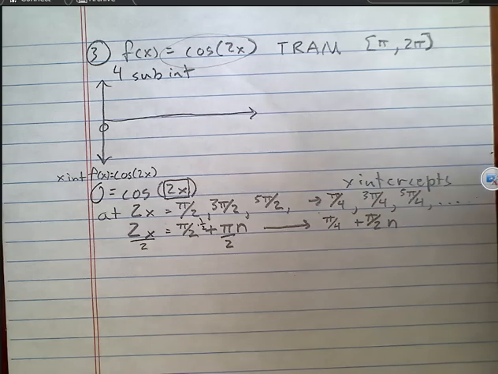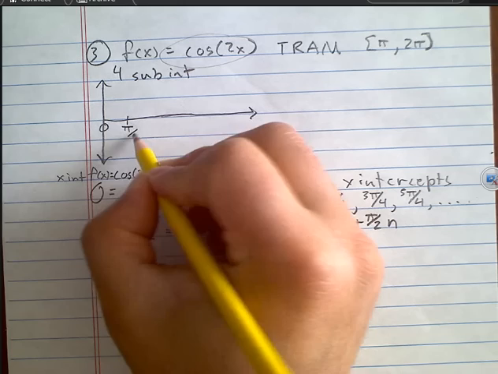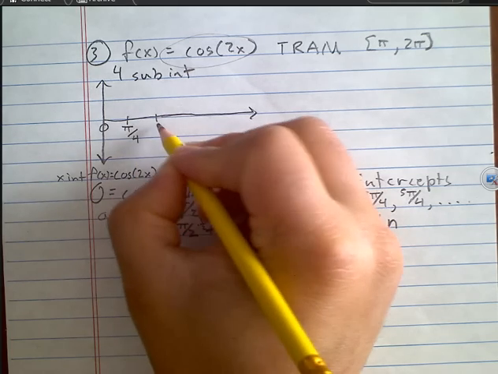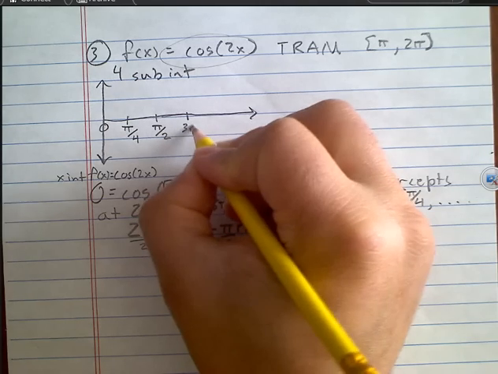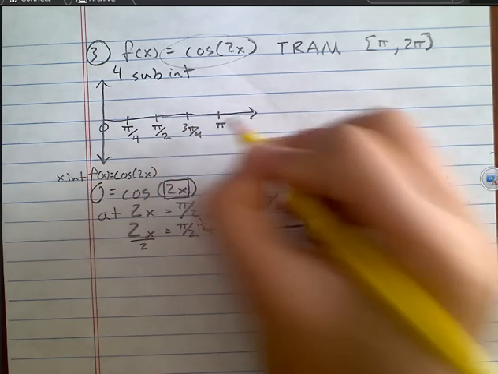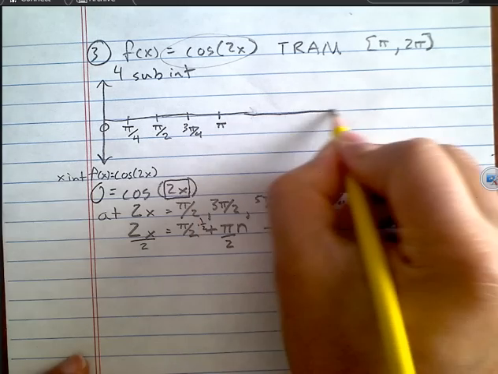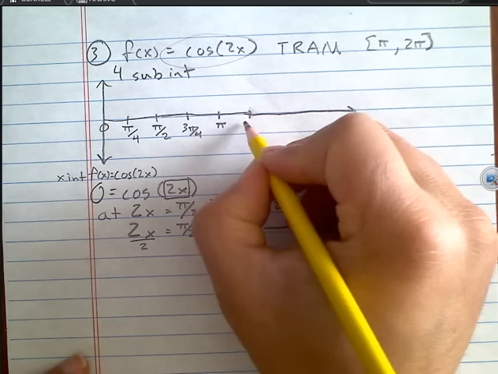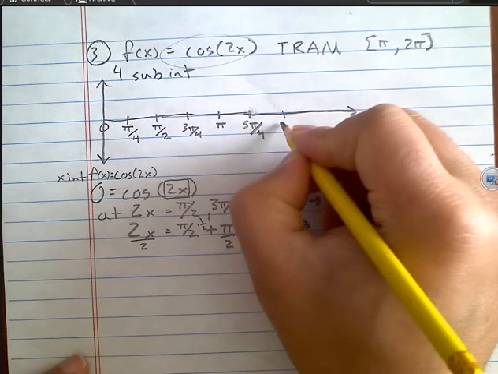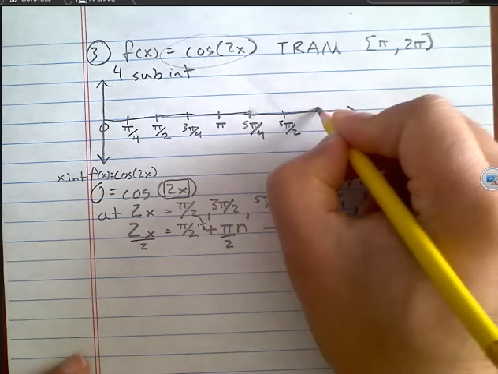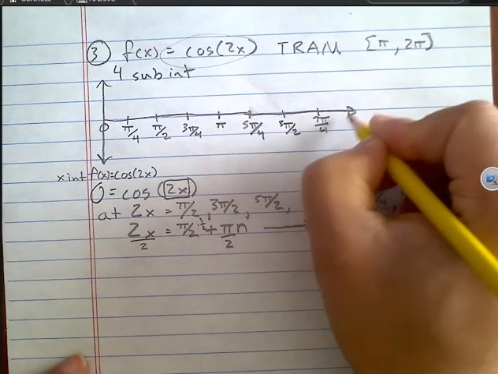Alright, so here we can just start with pi over 4, and then we have pi over 2, then 3 pi over 4, and then pi. We got to extend this because we need more room. Then 5 pi over 4, and then 3 pi over 2, so that's 6 pi over 4, 7 pi over 4, and then 2 pi.